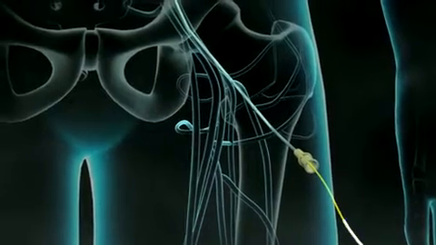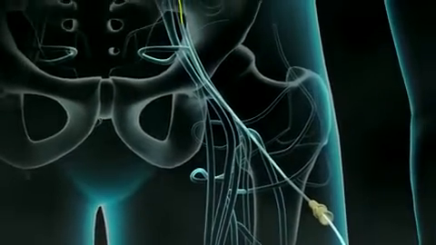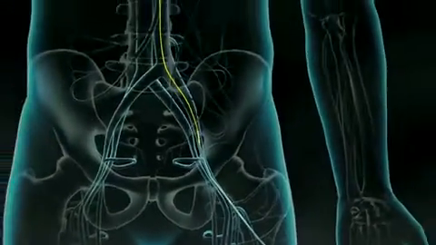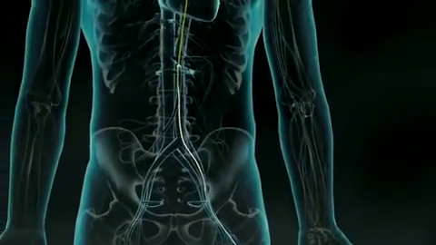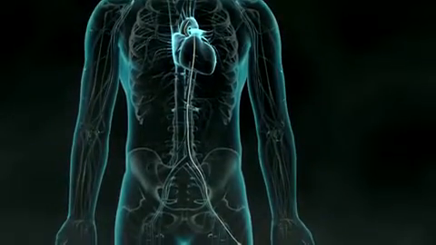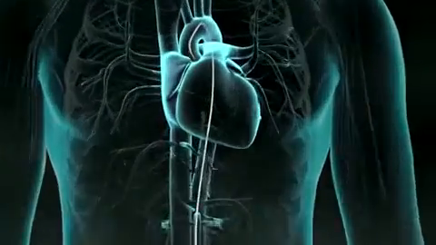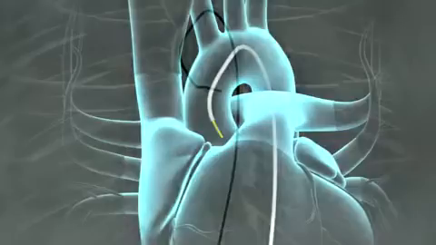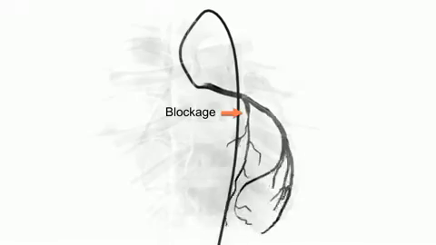Another thin, hollow tube called a catheter is guided through the sheath to the artery surrounding the heart. Dye, or contrast material, is then injected into the catheter. As the dye moves through the arteries and chambers of the heart, its movement is digitally photographed so the physicians can identify the locations of the blockages.